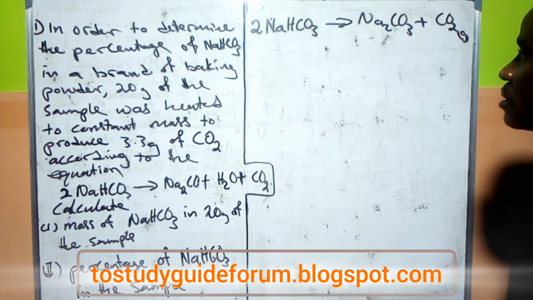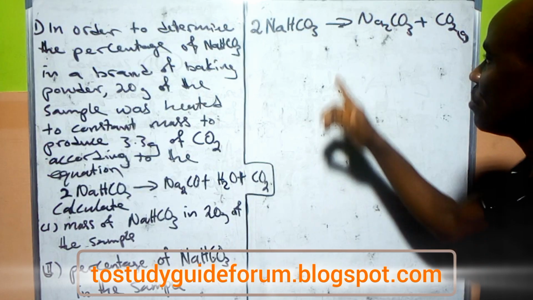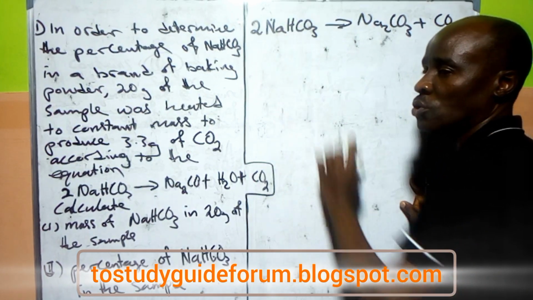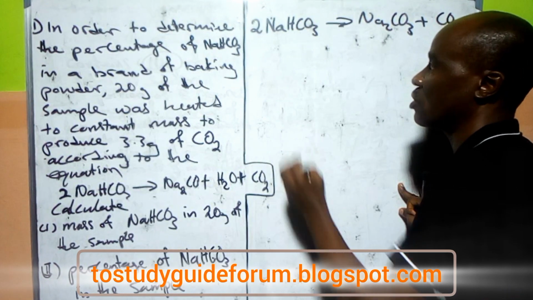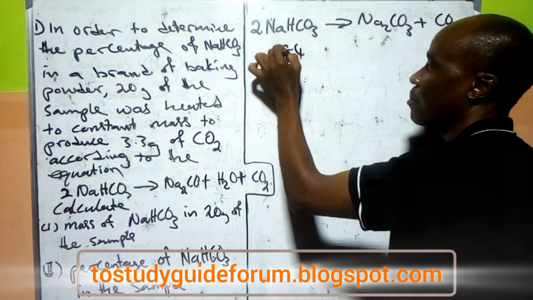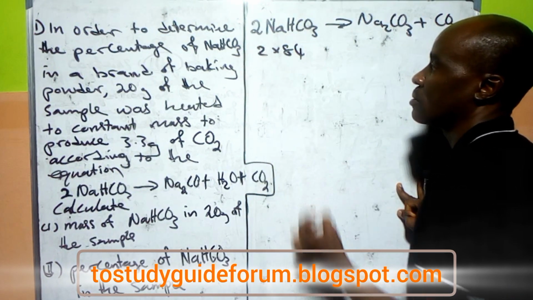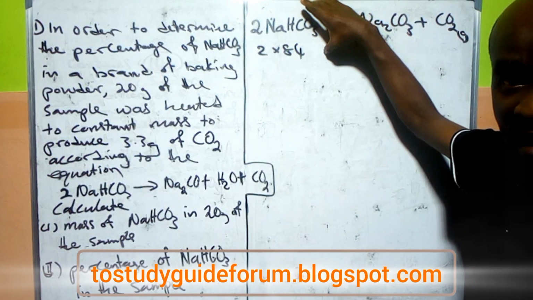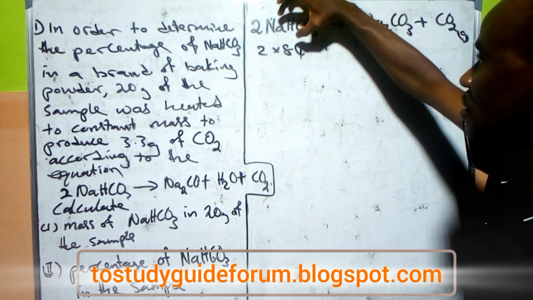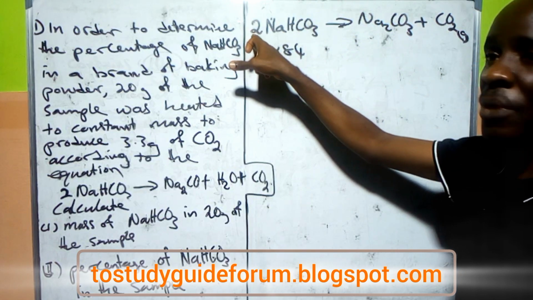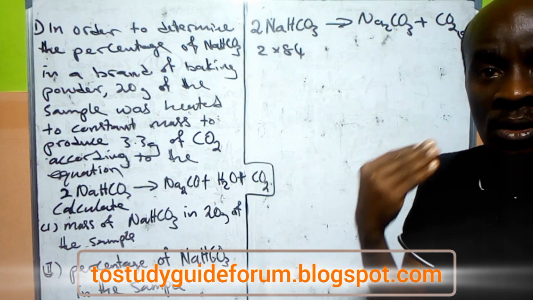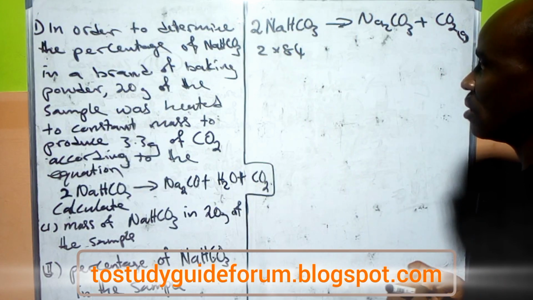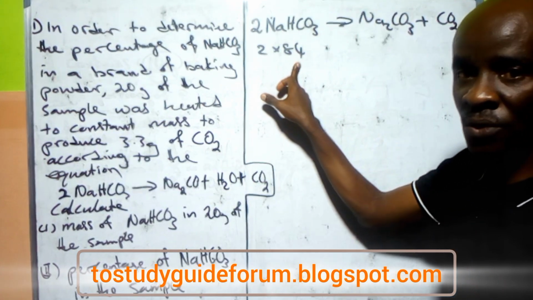So the molar mass of sodium hydrogen trioxocarbonate IV is 84, times 2 moles. That is the reacting mass, 2 times 84.